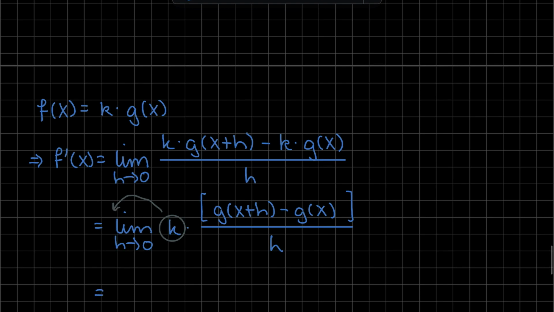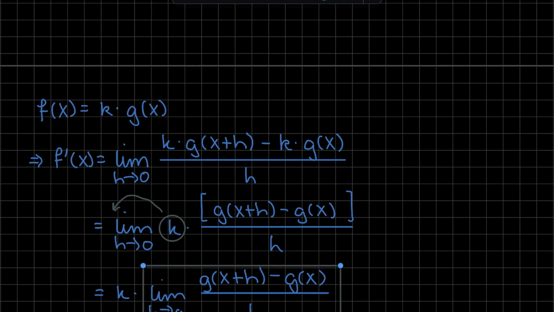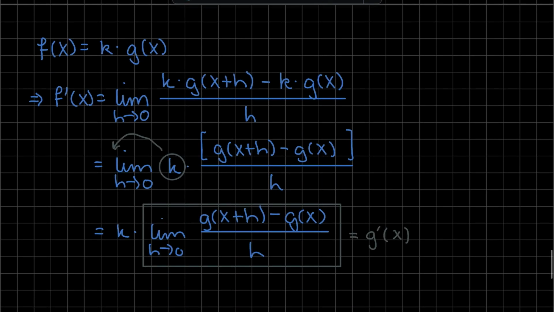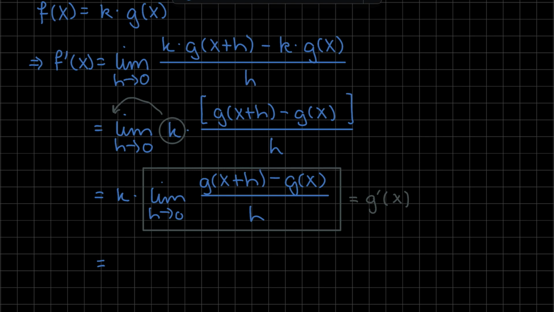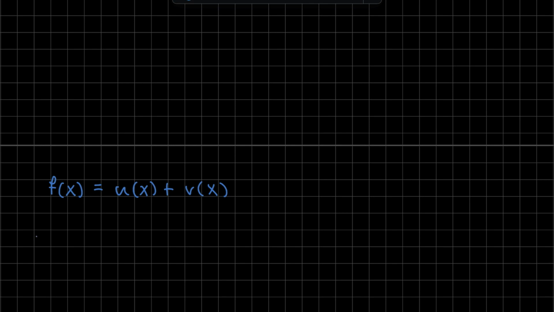Once we bring the constant out, we'll be left with the limit as h tends to 0 of g of x plus h minus g of x all over h. And hopefully you can recognize this to be the limit definition for the derivative of g of x. So we're going to substitute this whole limit by g dashed of x. And we've established a pretty important rule saying that when we differentiate a constant times a function g of x, we can just bring the constant out and say it's equal to the constant times g dashed of x, which is the derivative of g.